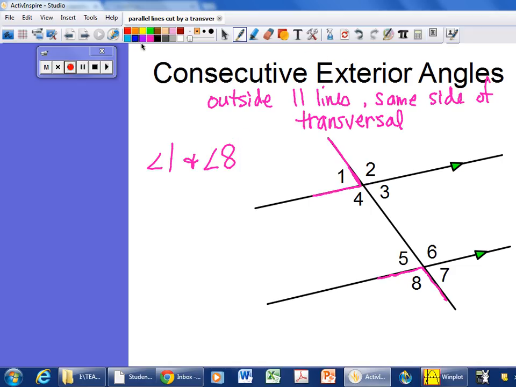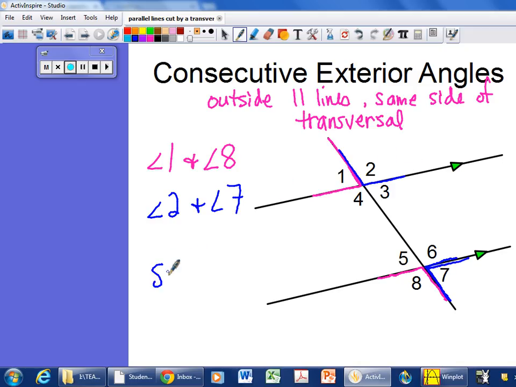And as you might think, on the other side is where we're going to find our other pair. Angle 2 is consecutively exterior to angle 7. So angle 2 and 7 make up that other consecutive exterior angle pair. Okay, those are your consecutive exterior angles. So on the same side of the transversal and outside of your parallel lines.